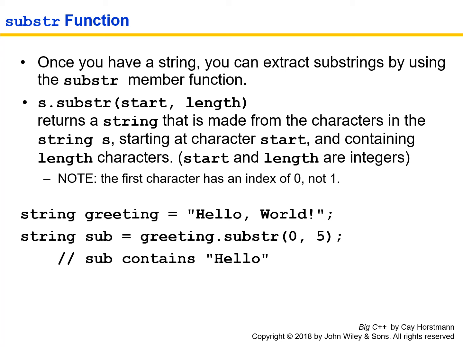If we want to extract a portion of a string, we can use the substring member function, where start is the first character we want to look up, and length is how many characters we want to count starting at start. So greeting.substring 0, 5 starts at 0, which is the H, and counts 5 letters, HELLO.